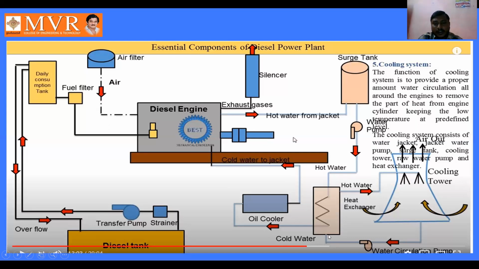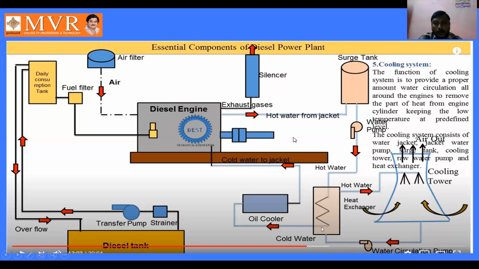The other end of this heat exchanger is connected with the cooling tower which we are using here. From the cooling tower we get water circulation. This is a water circulation pump, and the cool water from the cooling tower is going to enter the heat exchanger.